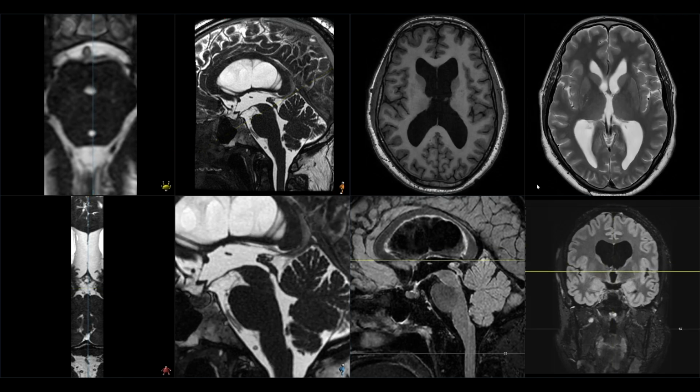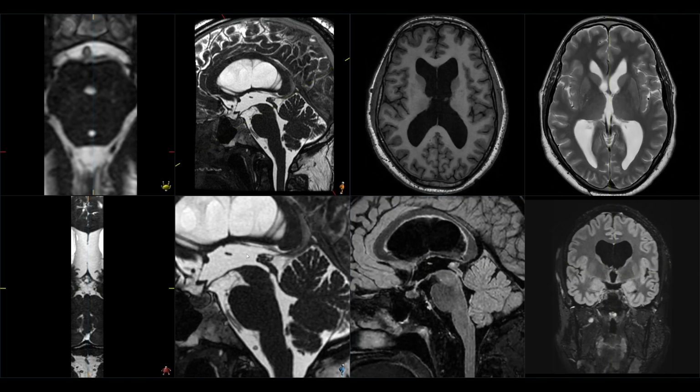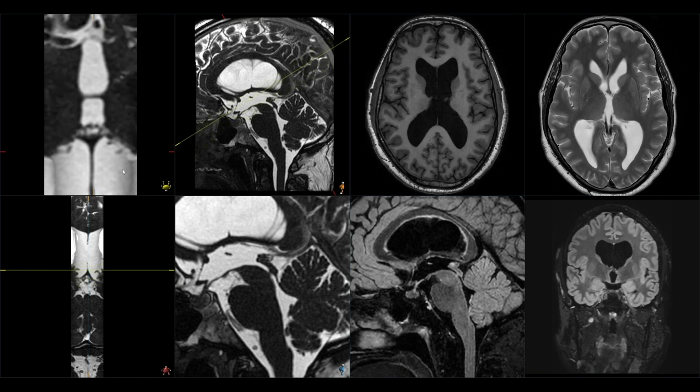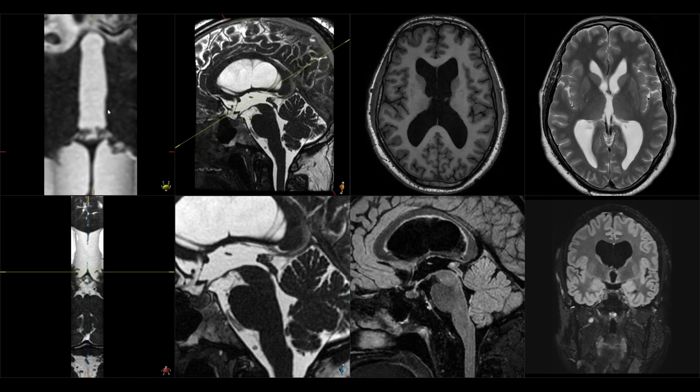So what will surgeons do? When you look here at the sagittal image, you can see a structure sometimes described as looking like an anteater. Anyway, this is the sagittal view of the third ventricle. Here is the third ventricle on the axial plane, slightly widened.